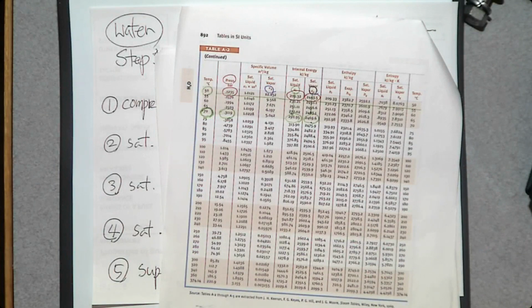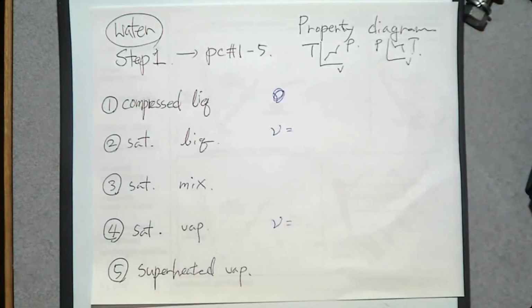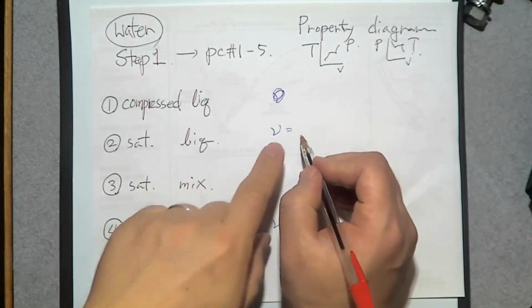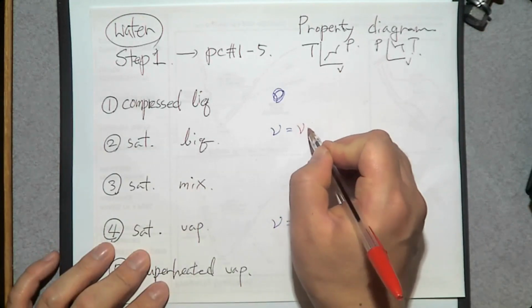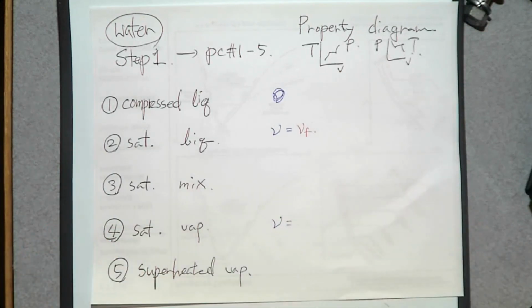The specific internal energy, U, of saturated liquid and saturated vapor can be found from this table. Enthalpy, hf, hg can be found from this table. So, it's simple. If you want to find the specific volume of saturated liquid, it is just vf. Saturated vapor, that's vg.